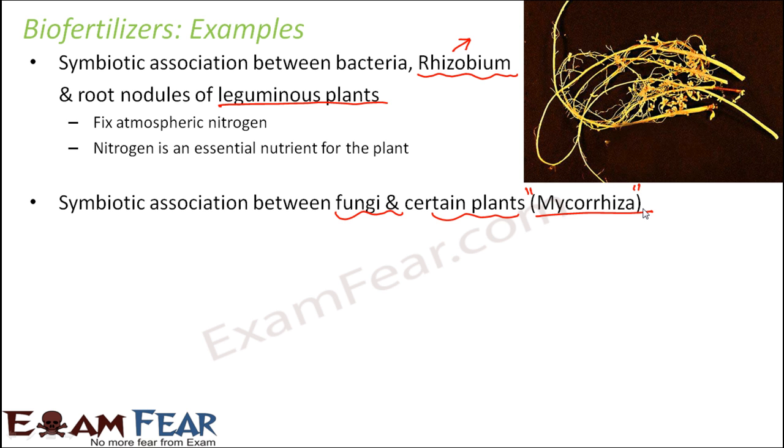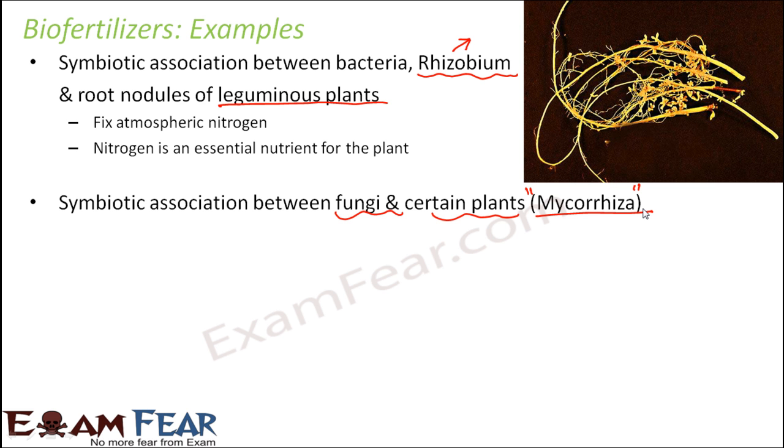But anyways, symbiosis is nothing but a mutual relationship between two organisms where both the organisms are mutually benefited from each other. So for example, here in the first example, rhizobium benefits the plant by fixing atmospheric nitrogen into the soil, but at the same time rhizobium also gets benefited because it gets its nutrition from the plant, it gets a shelter for itself.